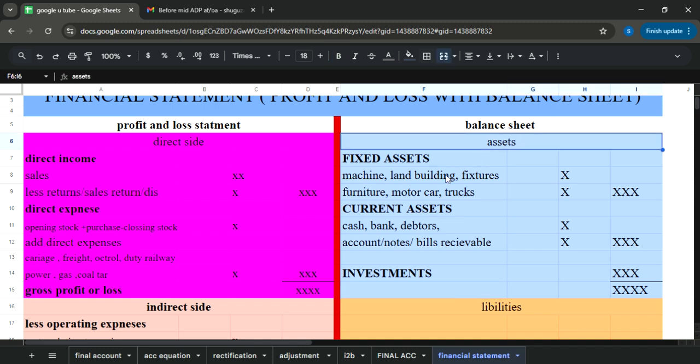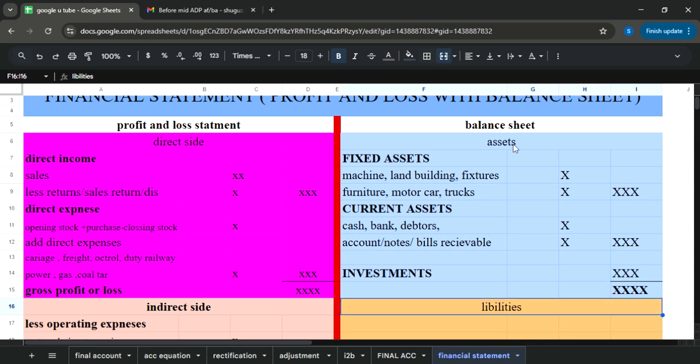Again, there will be several fixed assets. You will take sum and will write in the third column. There will be several current assets. You will take sum and will write on the third column. If there are investment, you will take sum and will write on third column. So sum of these three elements would be considered total of asset side.